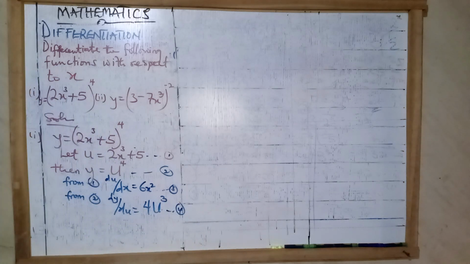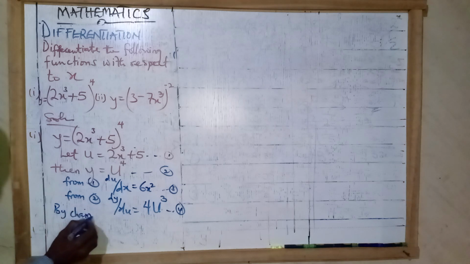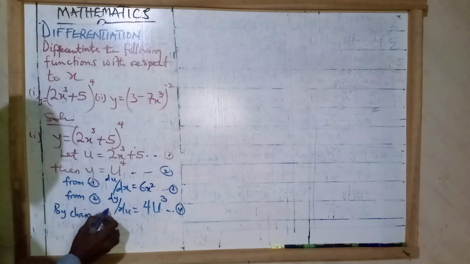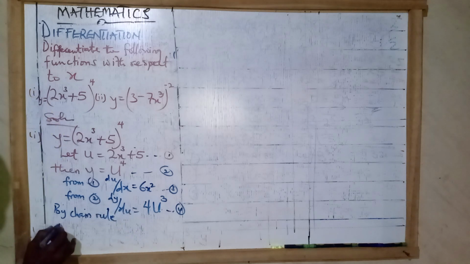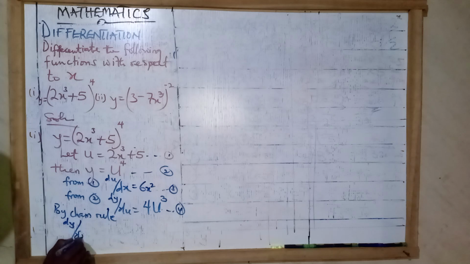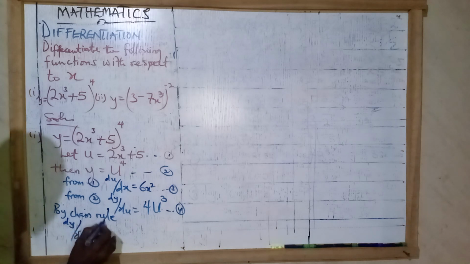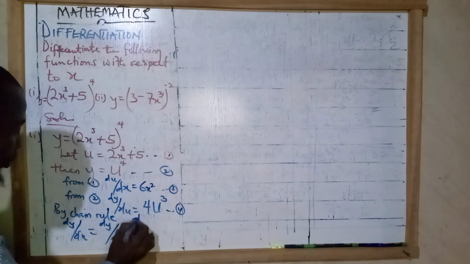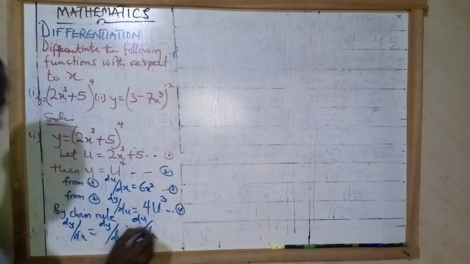Now to find dy/dx simply means we use the principle of the chain rule. By chain rule, we have dy/dx equals dy/du times du/dx.